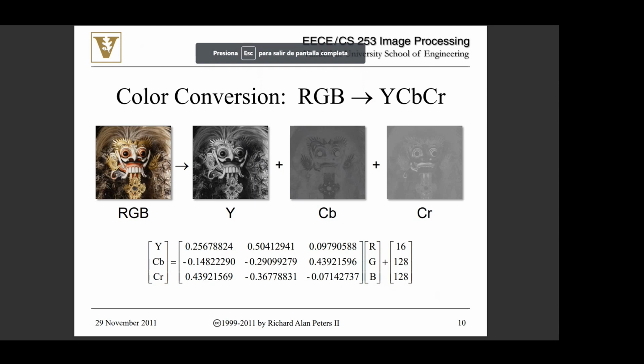So multiplying by a matrix, this is a very simple operation. So that there is no special burden by multiplying by a matrix. So this is a very simple operation. And now we have separated the luminance from the 2 chrominance channels.